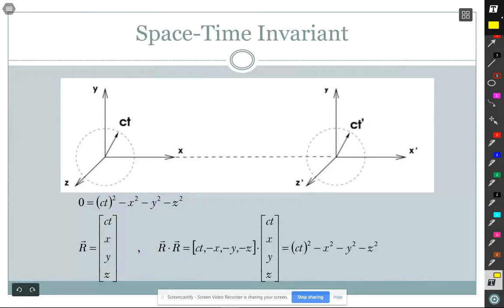So looking at the review, we had space-time invariance. There's one that we introduced here that was a space-time invariant. Do you remember what the space-time invariant was here? It's kind of tricky. It's not time, it's not distance, and it's not r. Which, of course, is all of the variables you see here.